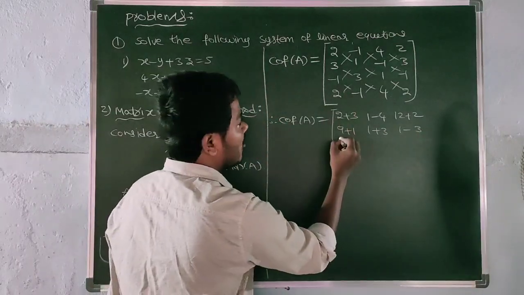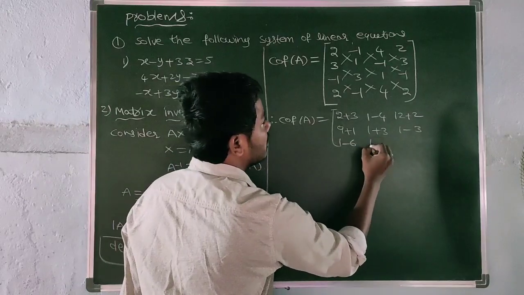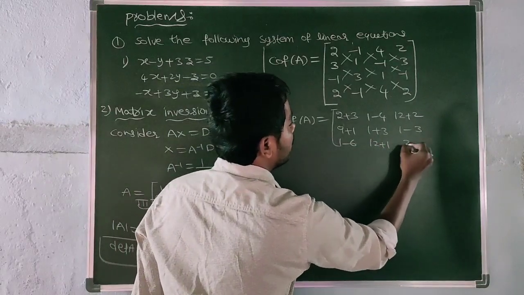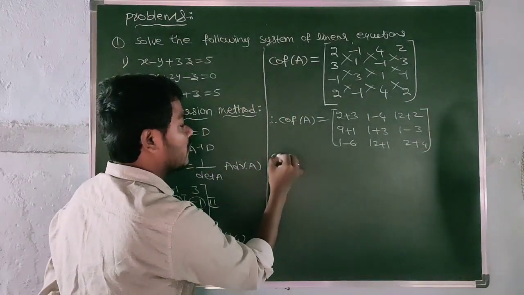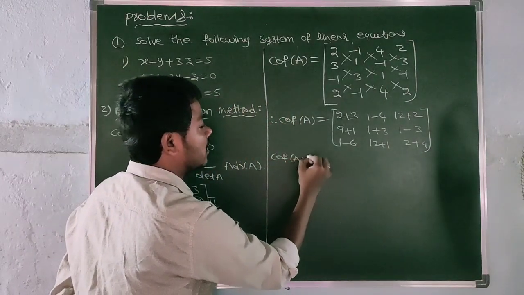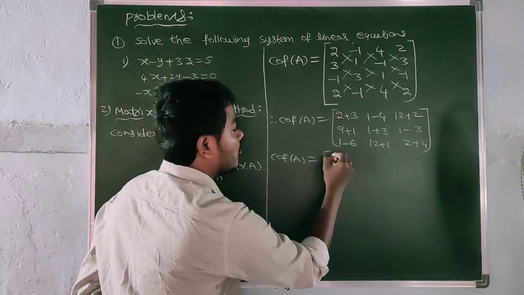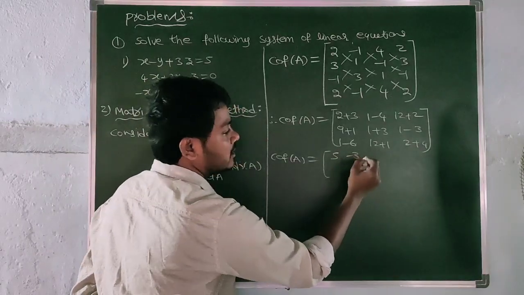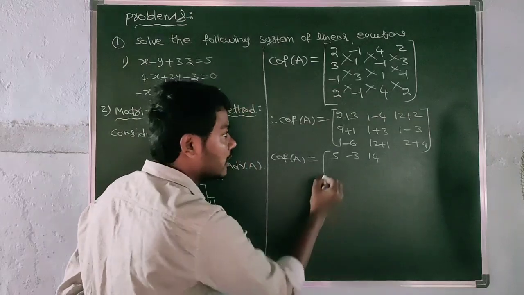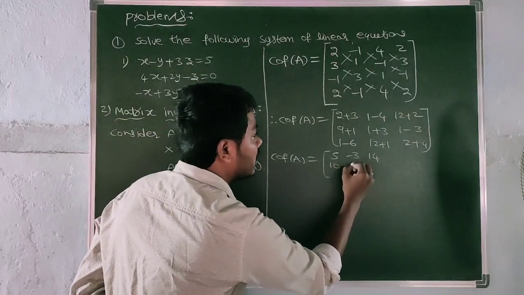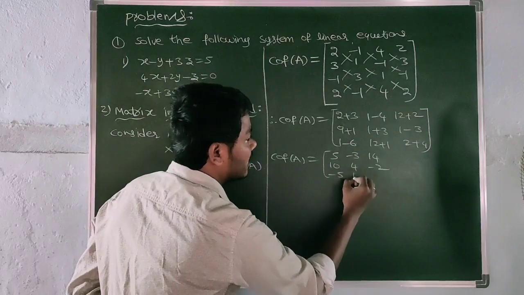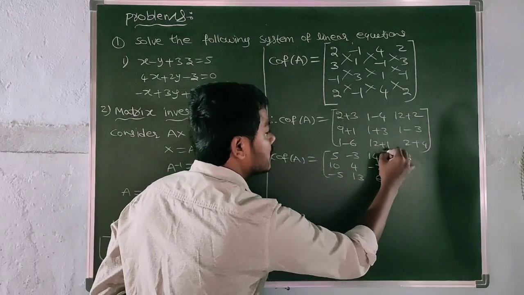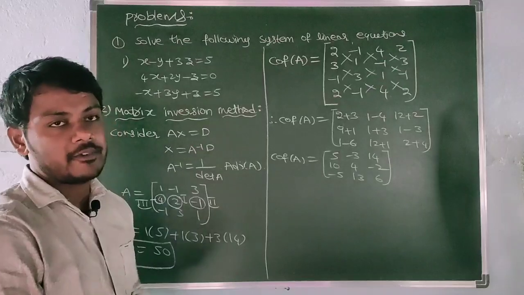Next 1 minus 6. 12 plus 1, 2 plus 4. Therefore cofactor of A is what? 5, minus 3, 14. Next 10, 4, minus 2. Minus 5, 13, 6. This is cofactor of A.